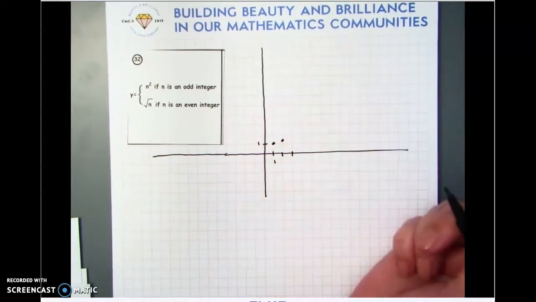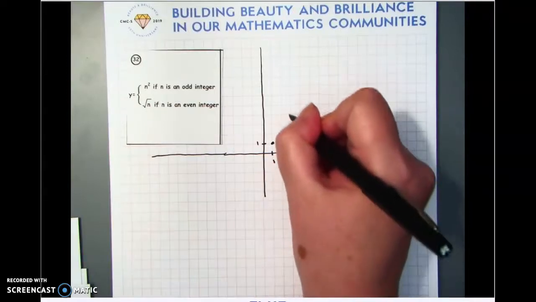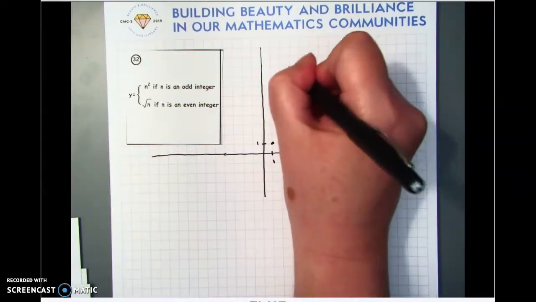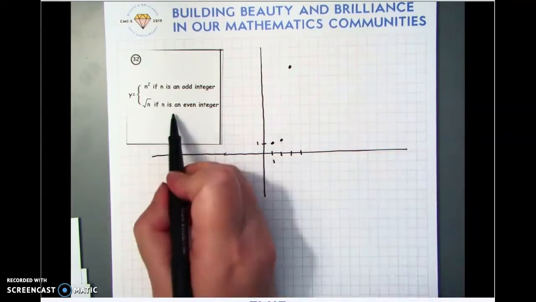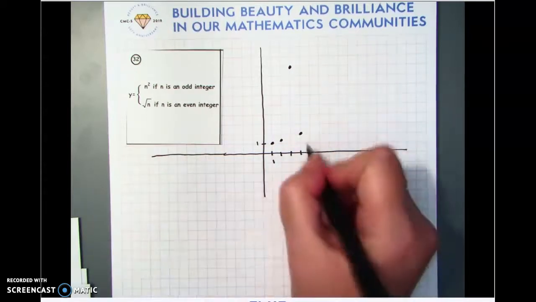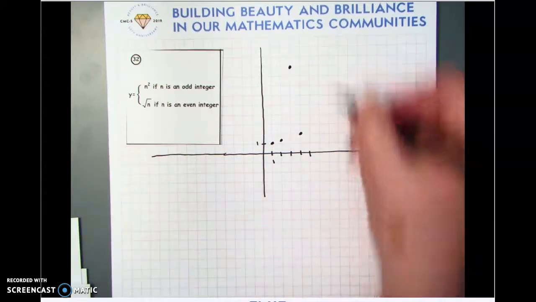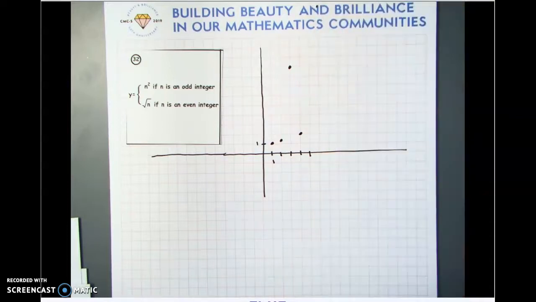When x is 3, that's odd, and 3 squared is 9. When x is 4, that's even, so we take the square root of 4, which is 2. When x is 5, that would be 25, which would be a dot somewhere off of the charts here.